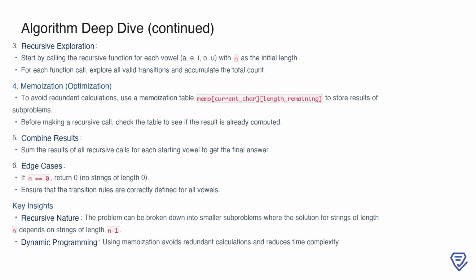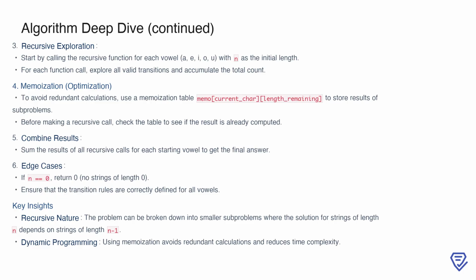For every call, we explore all possible valid transitions for the current vowel and sum up the results from these recursive calls. To optimize this process, we use memoization. A memoization table, memo[current_char][length_remaining], is used to store the results of subproblems so that we don't recalculate them. Before making a recursive call, we check whether the result for the current vowel and remaining length is already in the table.